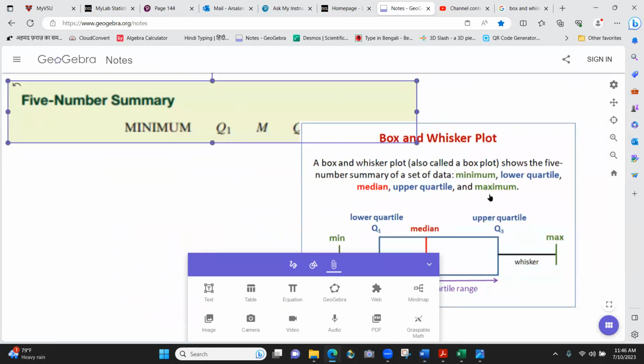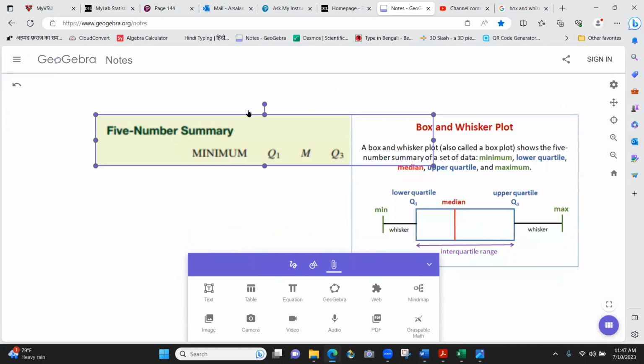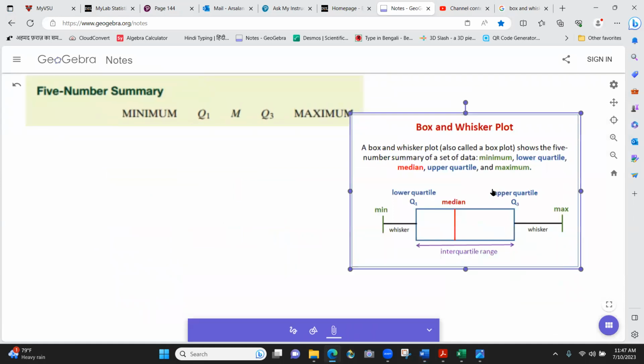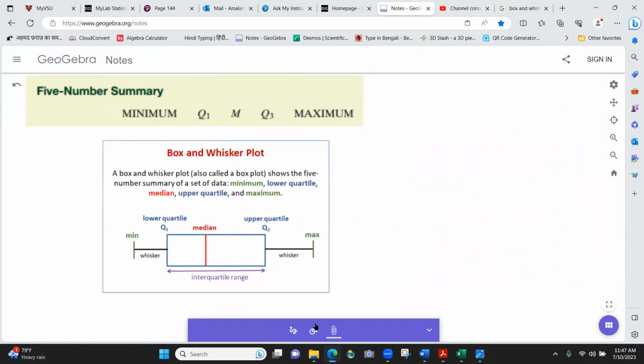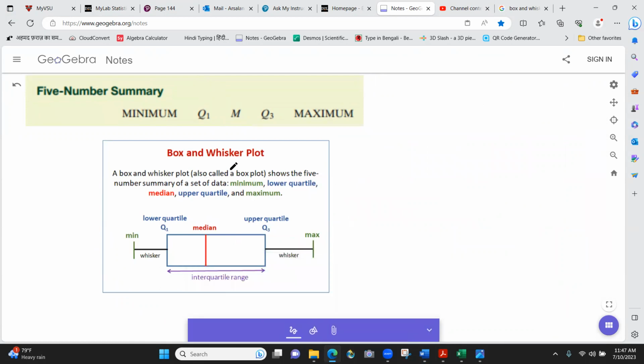What's a box and whisker plot? Let me see. This is what it is. So first, I will have to find Q1, Q2, Q3. This is Q2. And on a scale, it could be done horizontally. Sometimes it's done vertically. I'm going to mark my Q1. I'm going to mark my Q3.